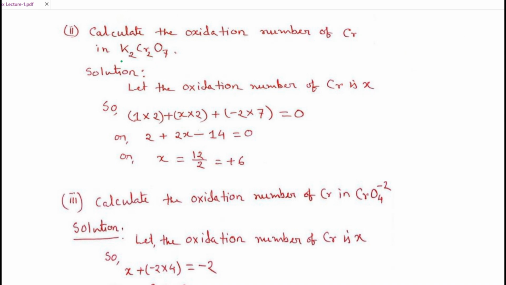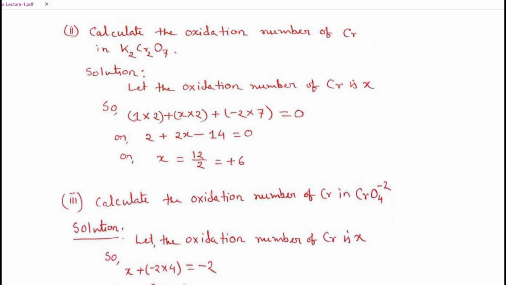Now 2 potassium atoms, 1 times 2, X times 2, why 2? Cr2, 2 chromium atoms, plus 7 oxygen, minus 2 times 7, the oxidation number of oxygen is minus 2, times 7, equal to 0, neutral, there is no charge here.